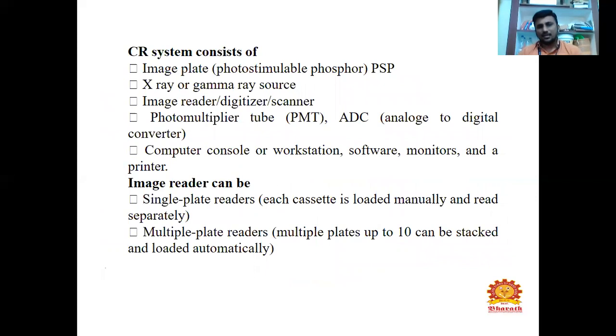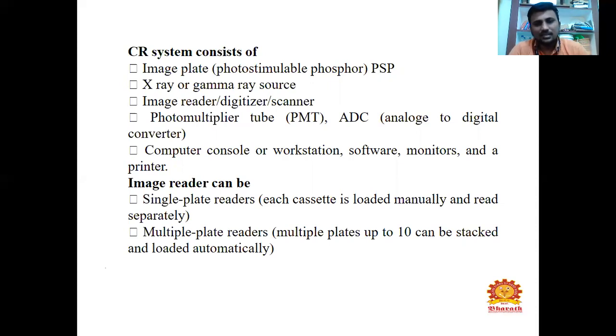The CR system consists of an image plate, the X-ray or gamma ray source, an image reader like a digitizer or scanner, a photomultiplier tube, and an ADC, meaning analog-to-digital converter, a computer console or workstation, software, monitors, and printers. These are the major components of the CR system.